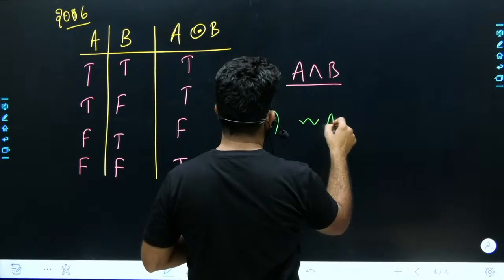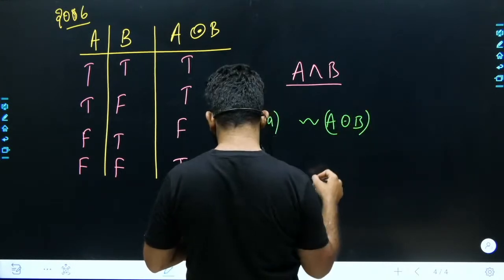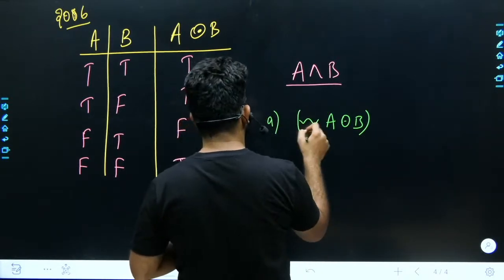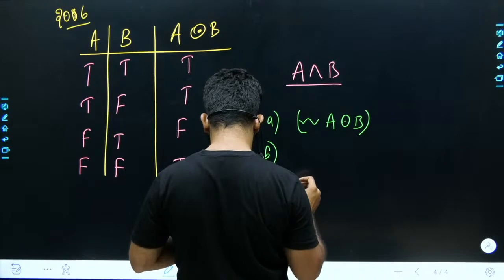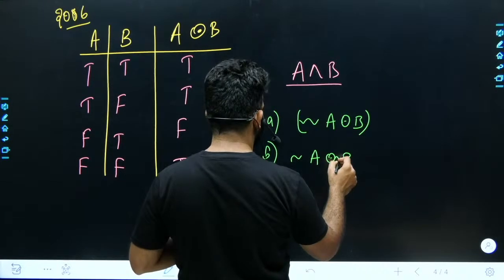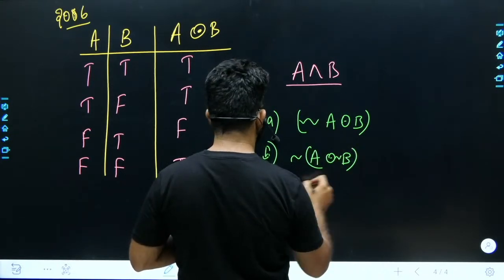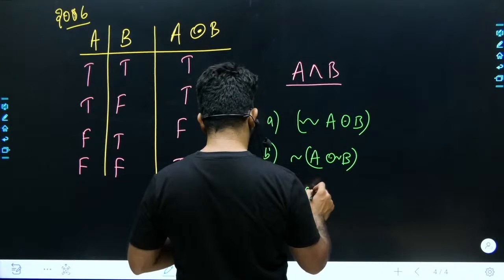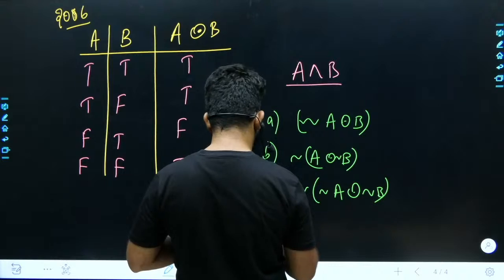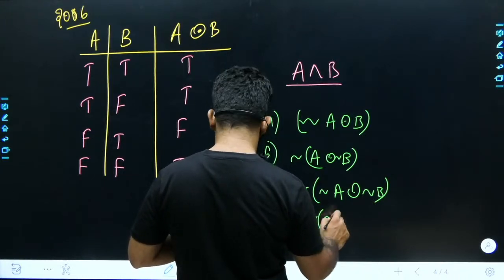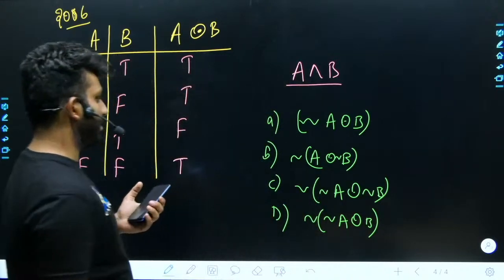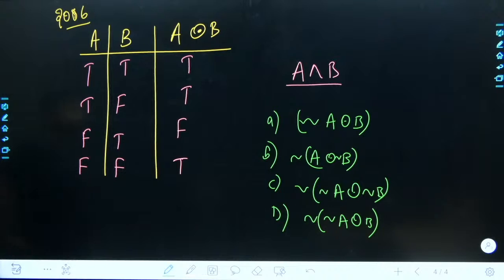A part is negation of A, this operation B. B part is negation of A and negation of B. C part is negation of A, negation of B, and D is negation of A dot B. So all these are given to me.